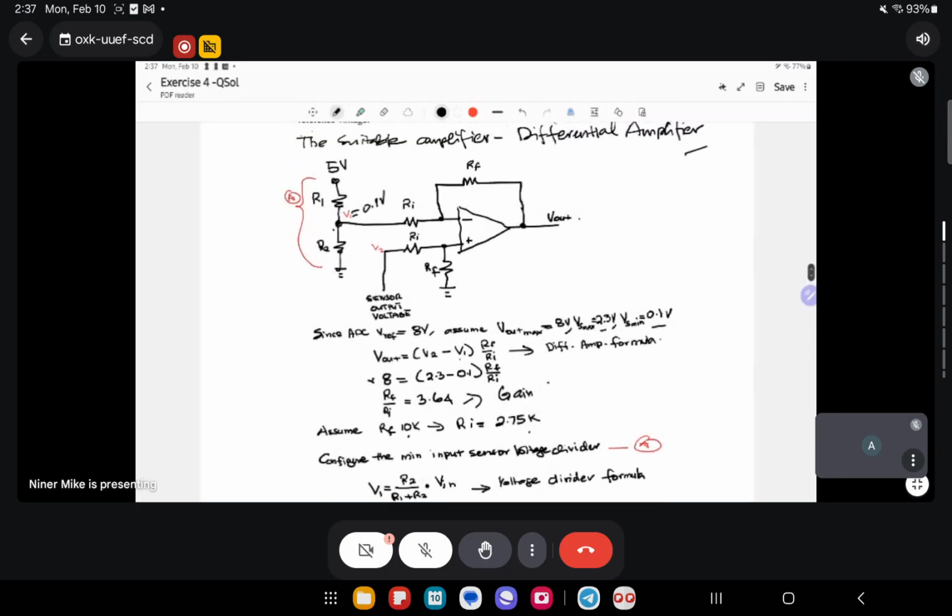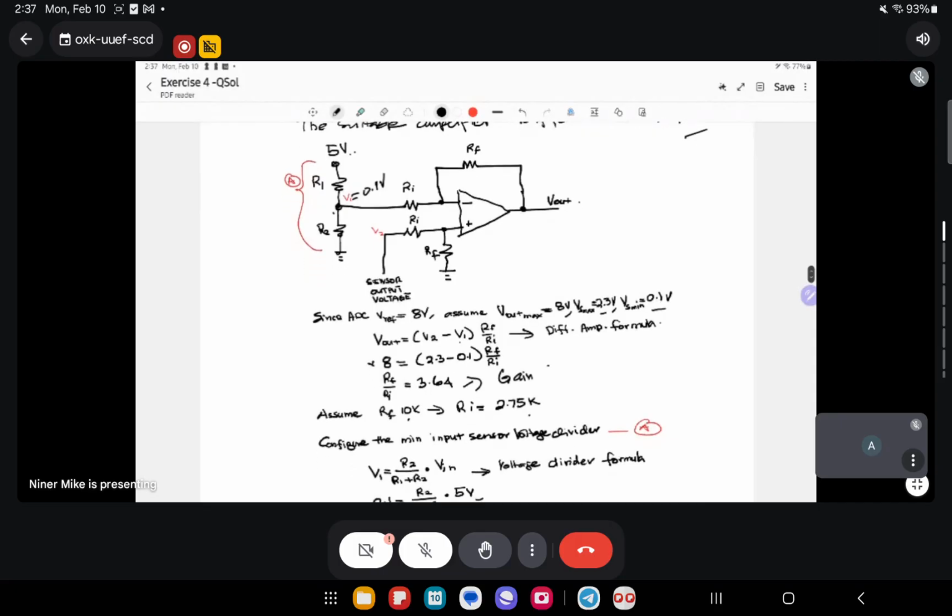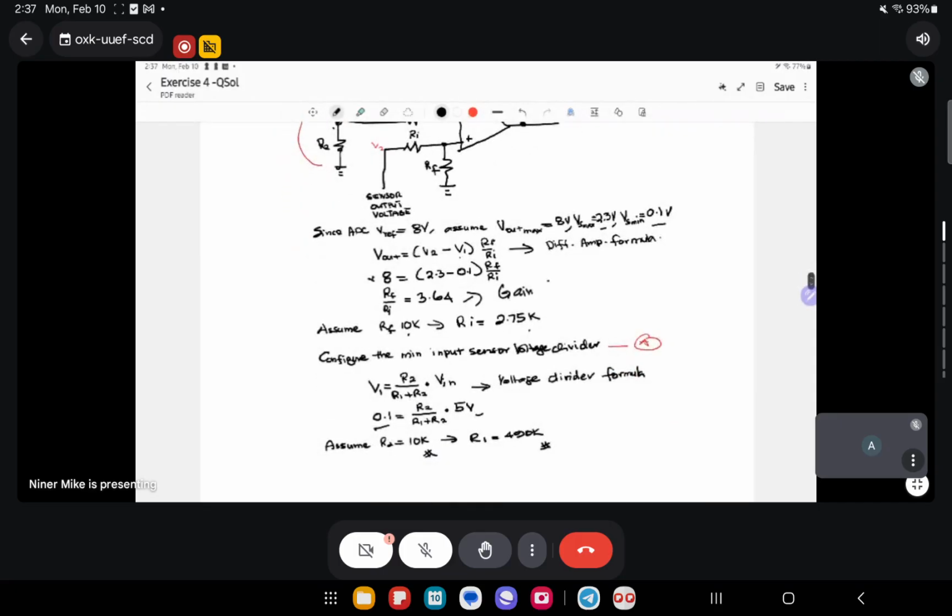The voltage supply for this voltage divider is 5 volts. So you can assume R1 and R2 with suitable values. For example, I assume R2 is 10K, so R1 will be 49K.